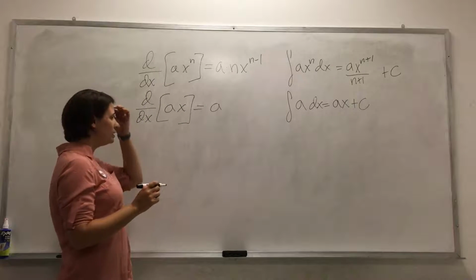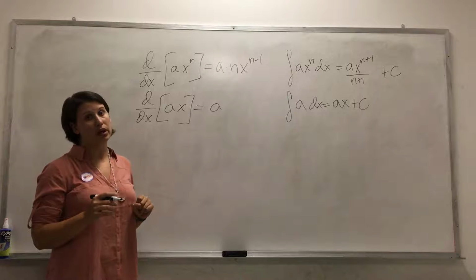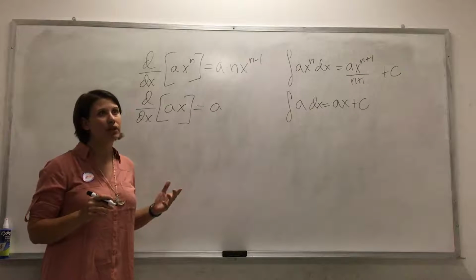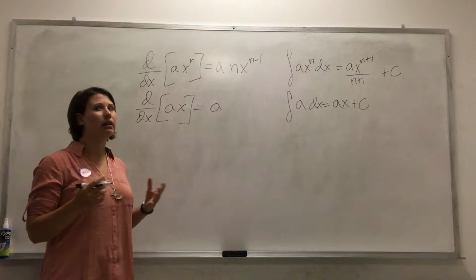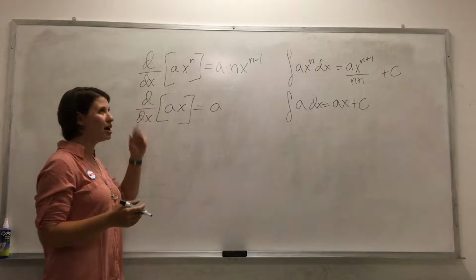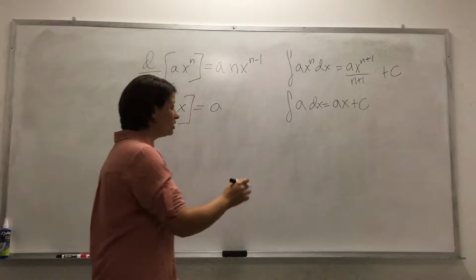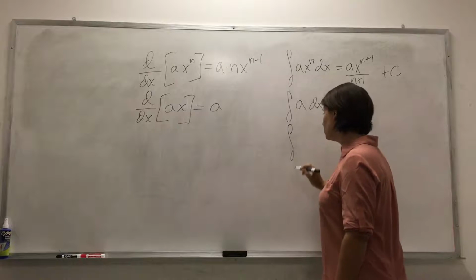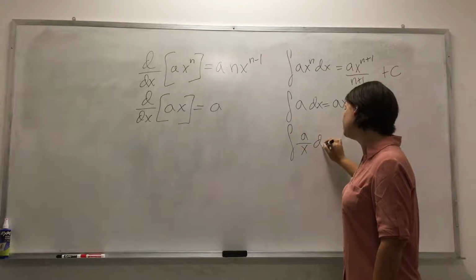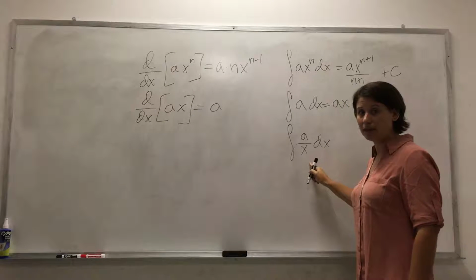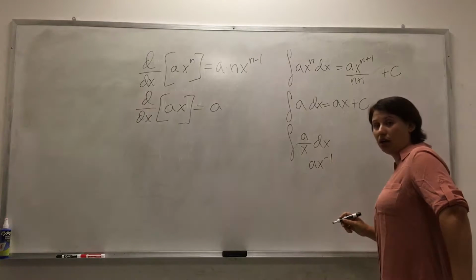Next rule is, well, there's one other thing that might happen with x's, right? What if they're in the denominator? Generally, we can move them back up, and then it's okay, and we just use the power rule, just like before. However, I'm going to start with the antiderivative on this one for a second. If we have a over x, well, really, we want to think about this as ax to the negative 1, right?